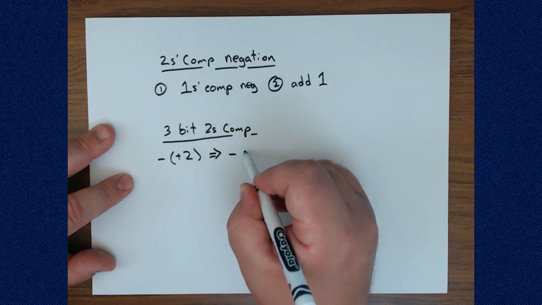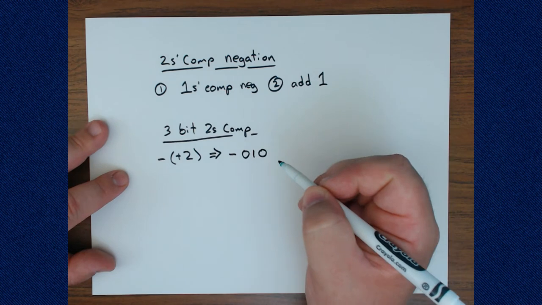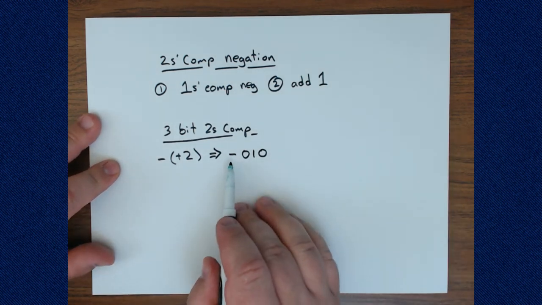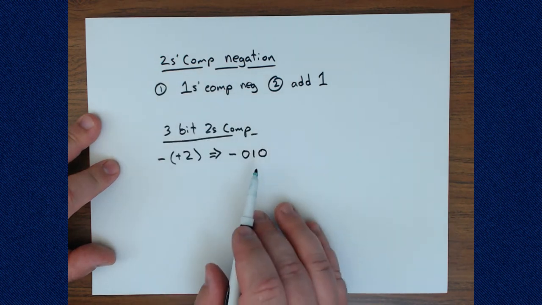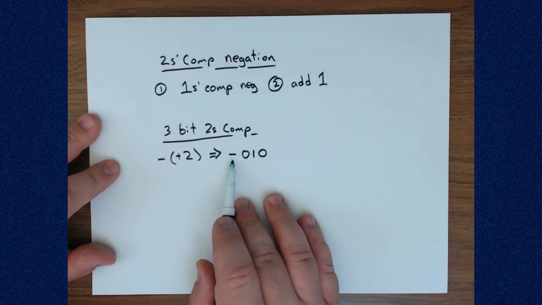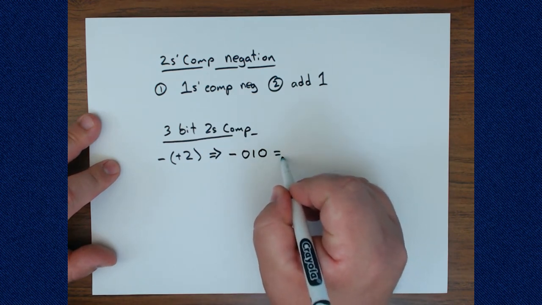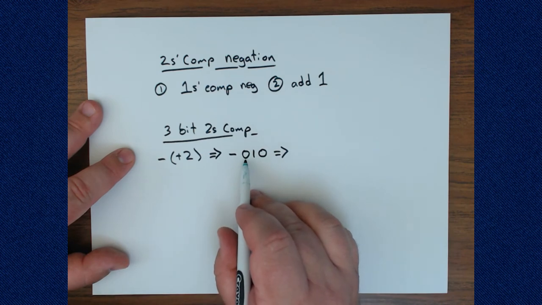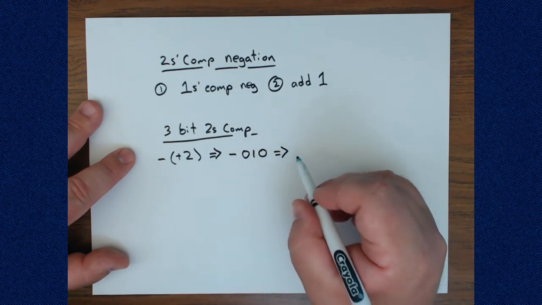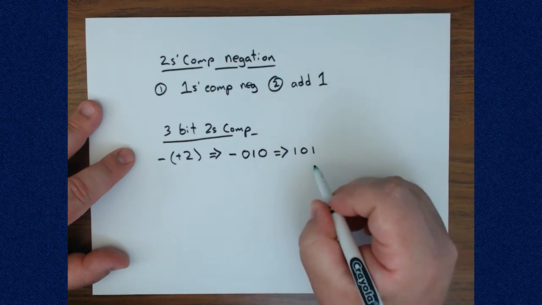And positive 2 is 0, 1, 0. Right? All right, so what we need is the negative of that now. So we're going to apply 2's complement negation where this negative exists. So it works as an operator. And that is going to give us, first, the inverse of these bits, which will be 1, 0, 1. And then we're going to add 1 to that.